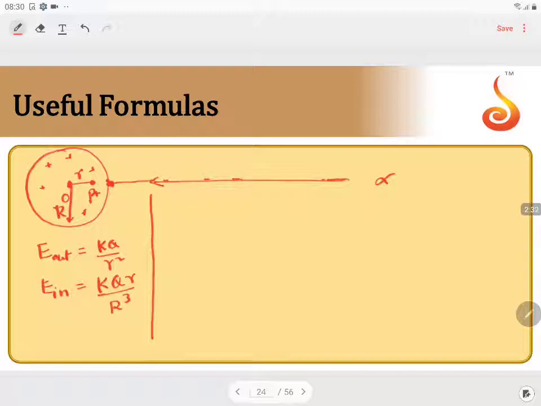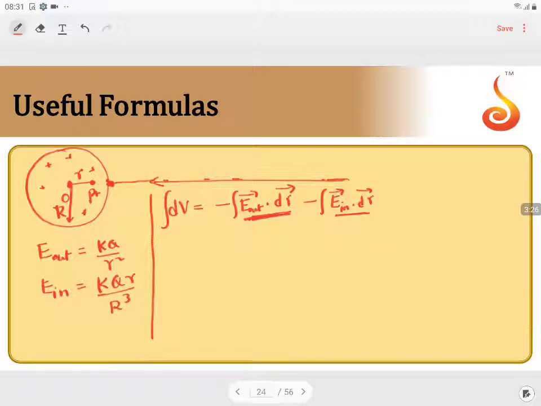So here you can calculate the potential at that point using this: dV is equal to minus E out dot dr, and minus E in dot dr. Using this formula we can calculate. dV is equal to minus E dot dr, where E dot dr is nothing but the small amount of work done in moving a unit positive charge by a small distance.